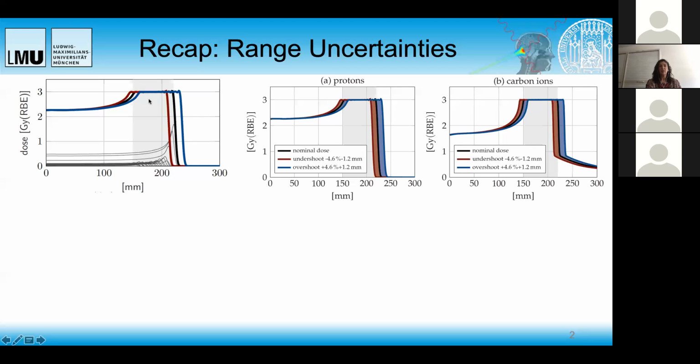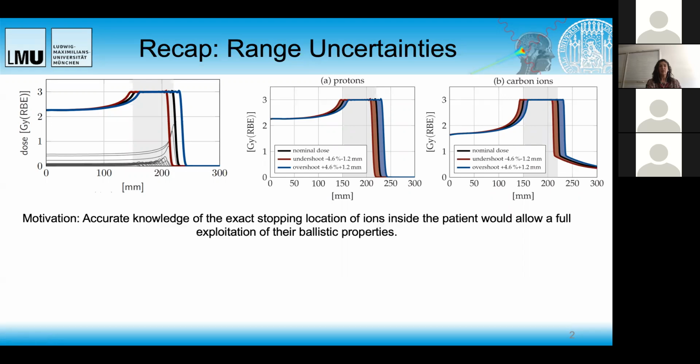The goal is to avoid this. Such extreme over and undershoots for this one-dimensional homogeneous case are highlighted here for protons and carbon ions, just to give you a glimpse again of how range uncertainties impact dose distribution of charged particles.